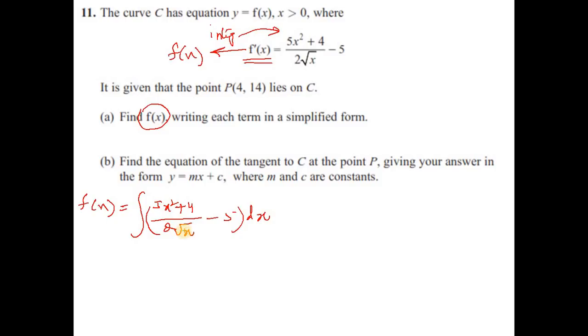So I'm sending this root x to the numerator, and I can rewrite this as 5 by 2, this root x goes up and with this x squared, so 2 minus half, x to the power 3 by 2, and plus 4 divided by 2 is 2, and this root x goes up, becomes x to the power minus half, minus 5 as it is, dx.